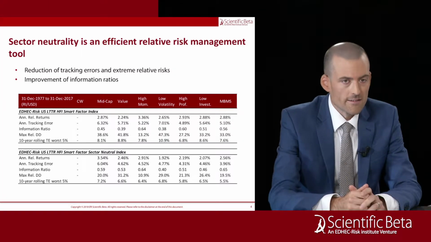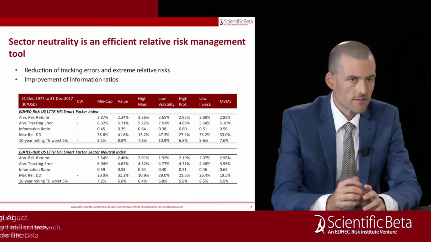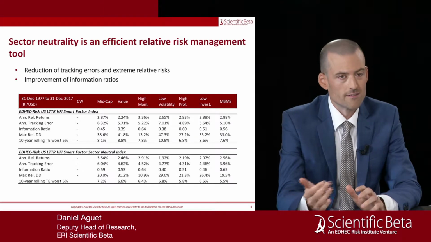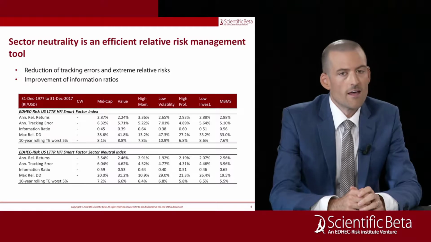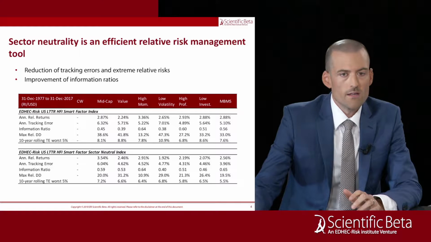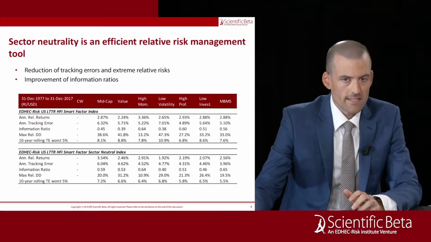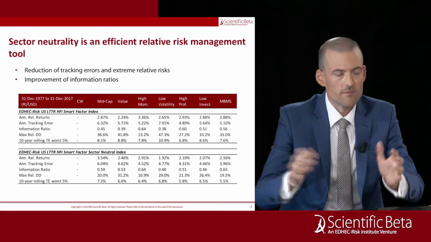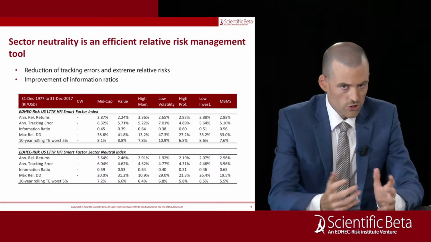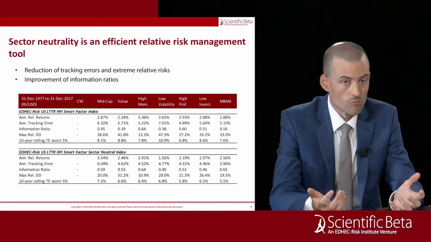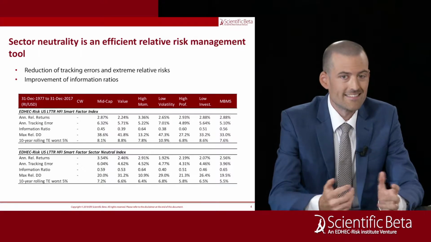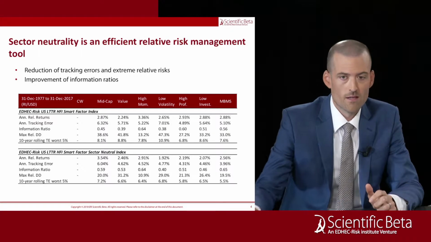We show in this slide two types of indices, the standard smart factor indices and the sector neutral factor indices. And we show relative performance. If we look at the tracking error between the two types of indices, we can show that on average we have a 20% reduction of tracking error, which is huge, and it is statistically significant.